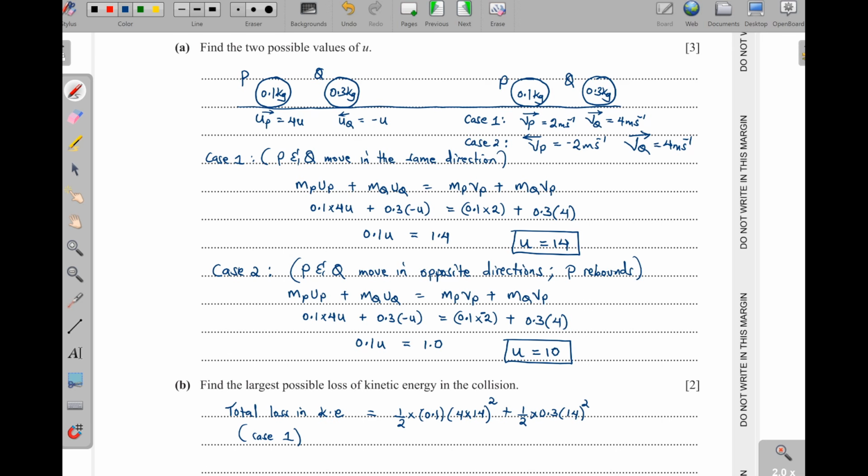Okay, this is all the total initial kinetic energy, then minus the total final, we shall have a half times 0.1 times 2 squared, then plus the one for Q, 0.3 times 4 squared.